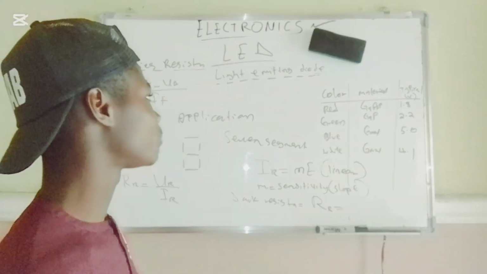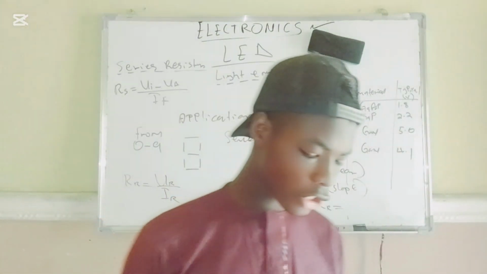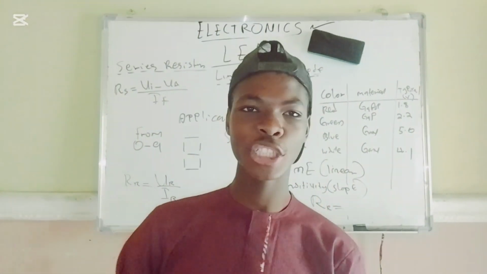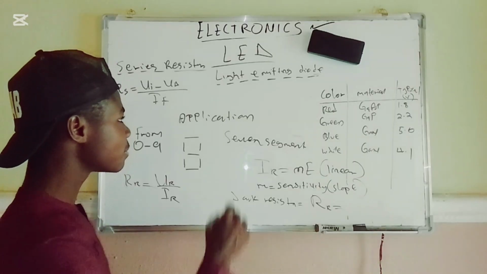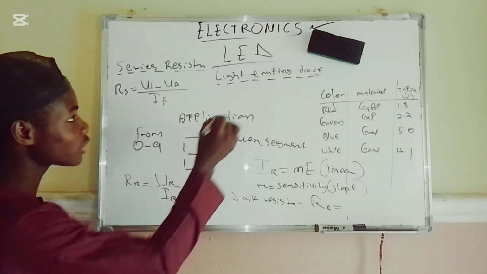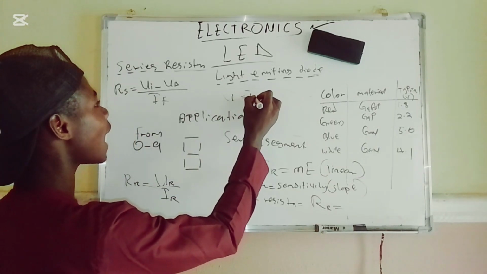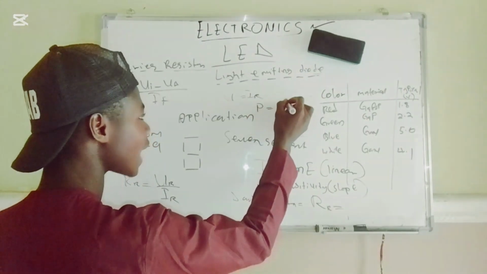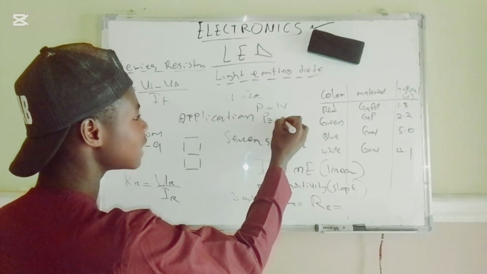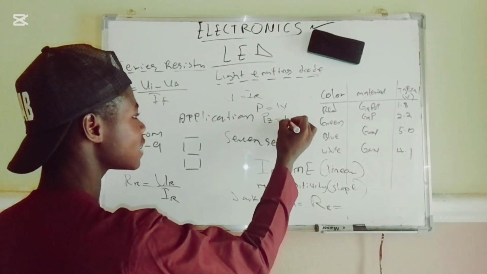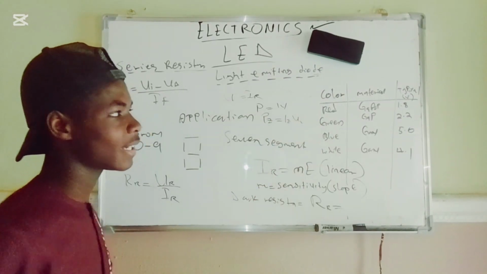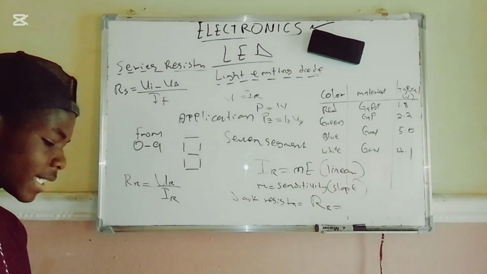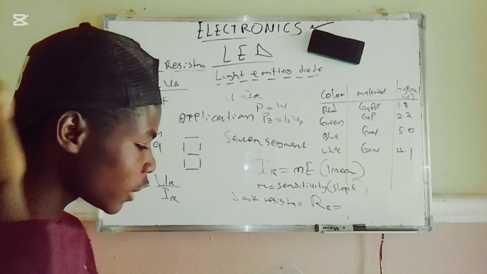Don't forget Ohm's law. If I cross multiply, I will have V equals IR. As I said before, power equals IV, so the power in the diode is the current in the diode multiplied by the voltage. This is not much harder, but just concentrate and recall what you have done in the last class.